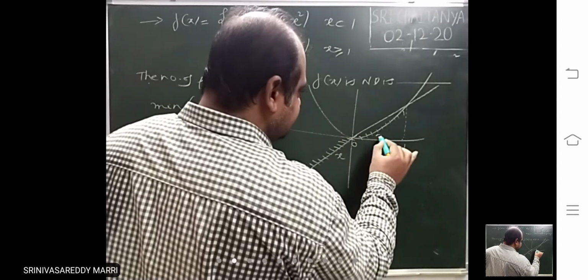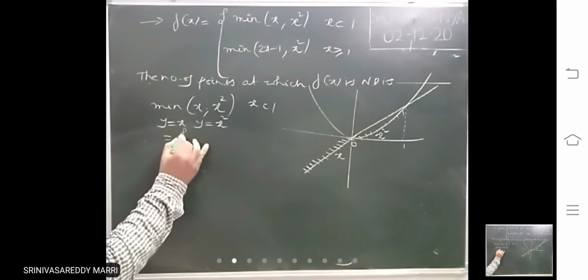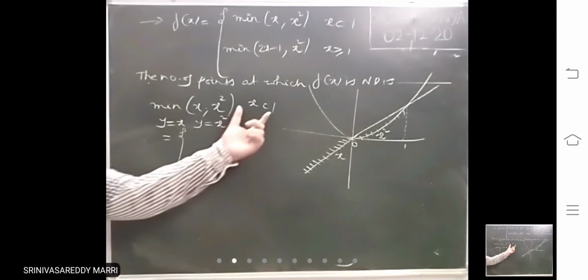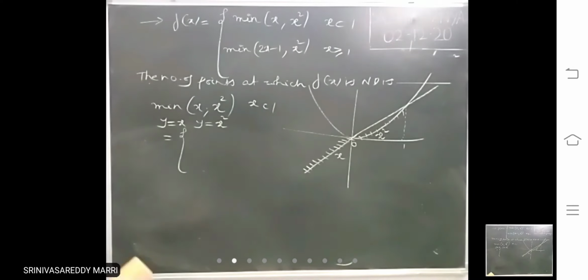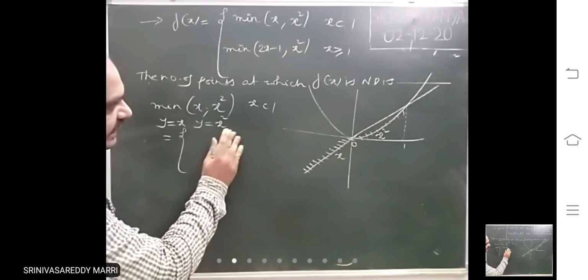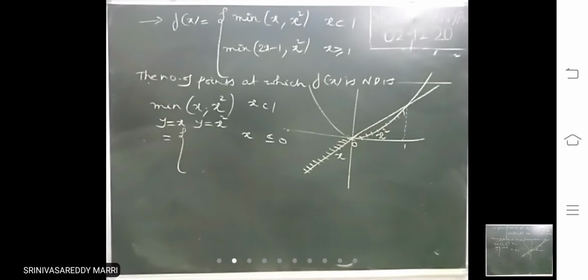So that means this is x square. This will be only for x less than 1, greater than 1 is not needed. That means when x is less than or equal to 0, the minimum out of these is x.